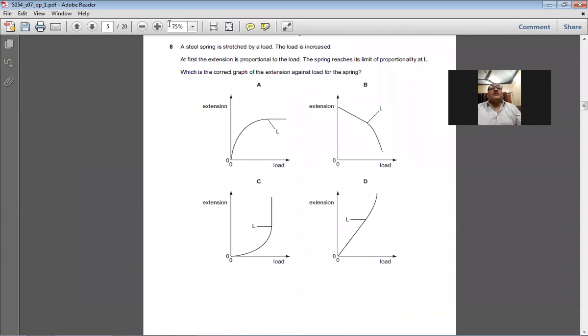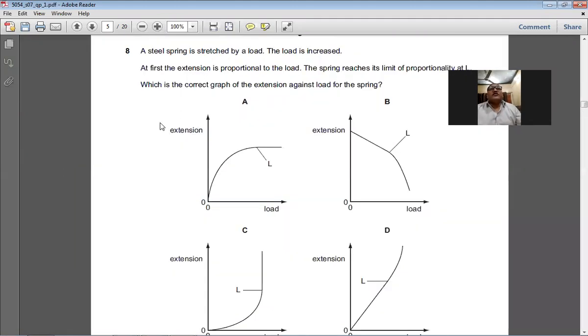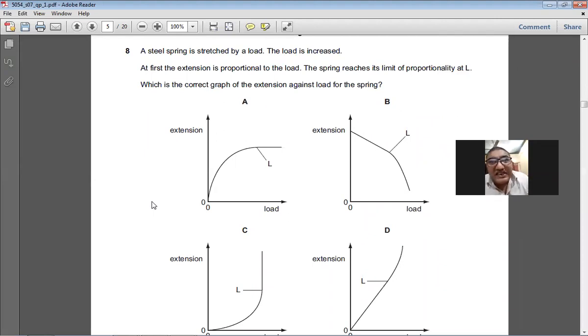Okay, so we are moving to the next question, question number 8, and it says a steel spring is stretched by a load. As the load is increased at first, the extension is proportional to the load. The spring reaches its limit of proportionality at L. What is the correct graph of the extension against the load for the spring?